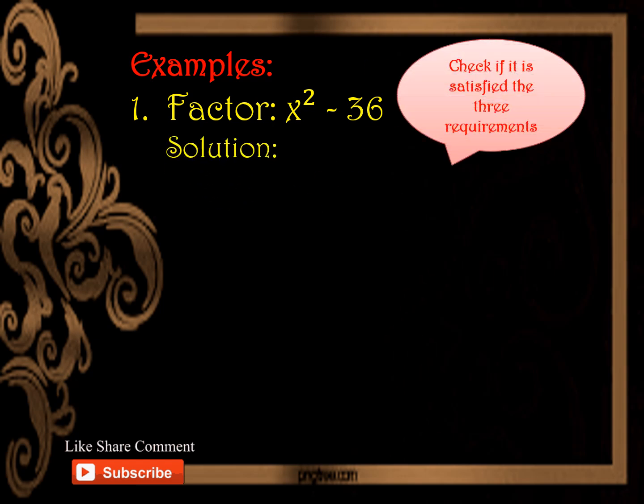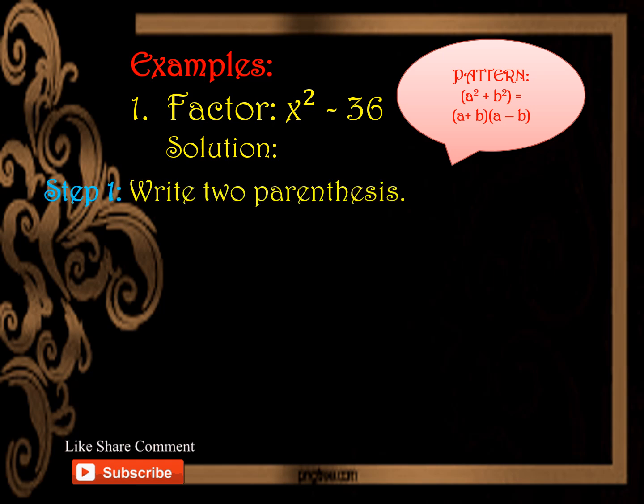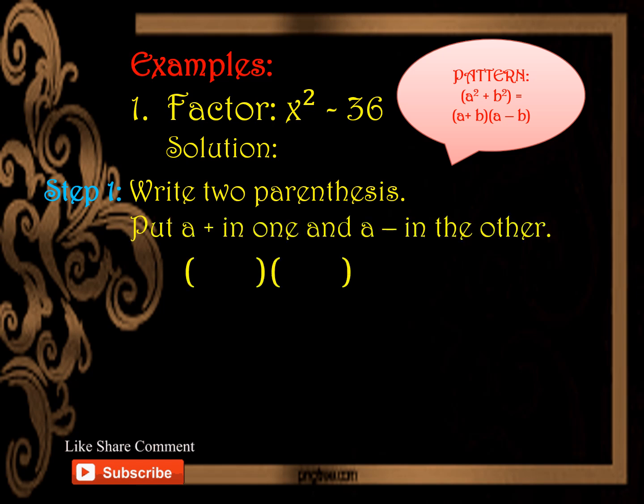Solution. Check if it satisfies the three requirements. Since it does, we can now use the pattern quantity a plus b times quantity a minus b. So step 1, write two parentheses. Put a positive in one and a negative in the other.